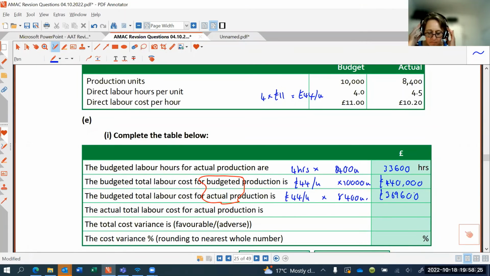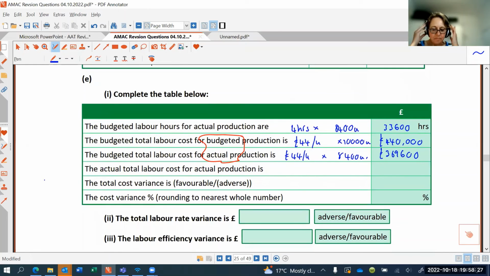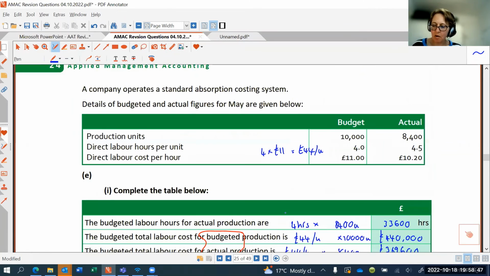Then, next one, the actual total labour cost for actual production. We'll start with the actual production because we just dealt with that one. The actual total labour cost. What is the actual cost of one unit?